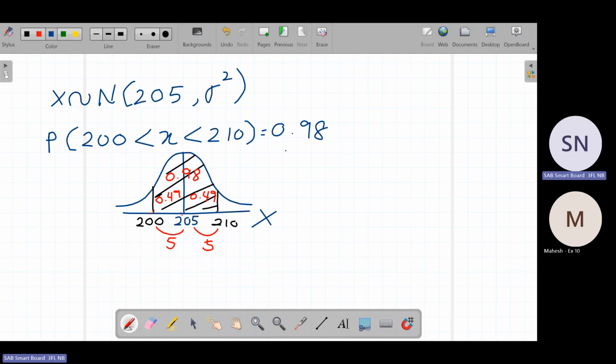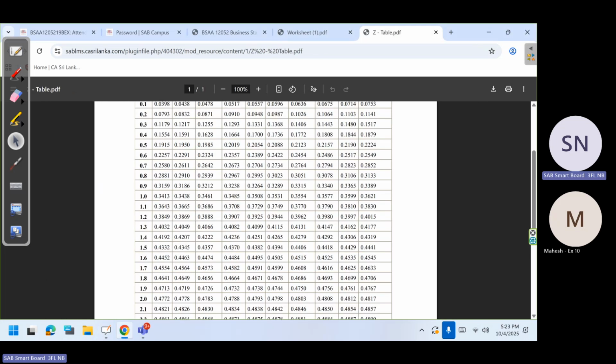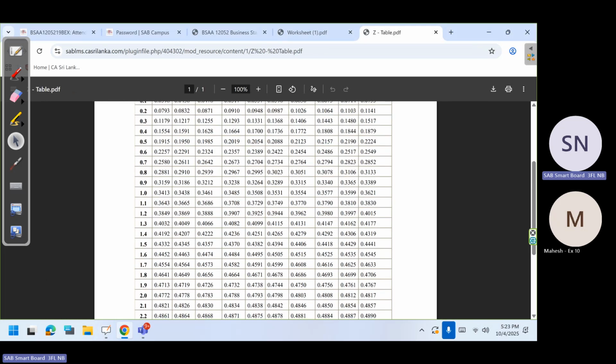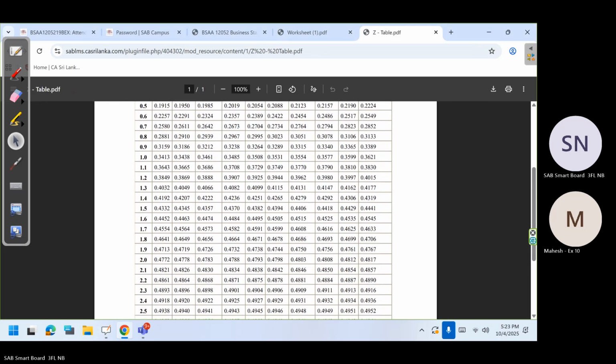Then here, we draw the Z line. This one is 0. Then you need to find out the sigma value. Then you find out the Z value, this corresponding probability value. Now what is the probability? 0.4900. Okay. Then in the table, where is the 0.49? Yeah, 0.4901 is there.